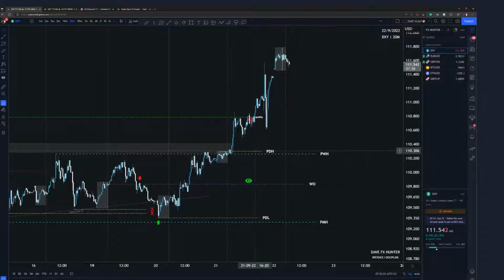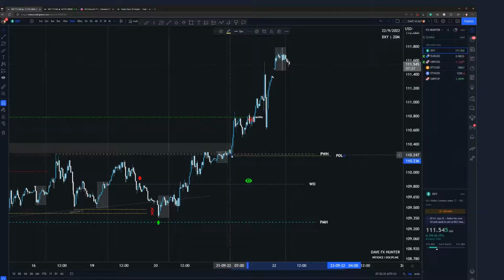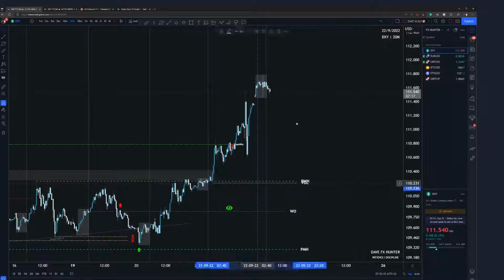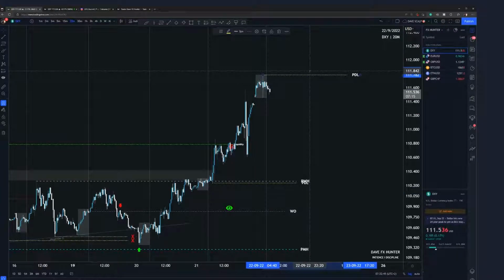Now this is a previous day's high. I'm going to delete it, it's not valid anymore. And now we got this previous day's low, which is actually here, because yesterday the market opened, here is the low, then it went straight up. So here is this previous day low. Now you need to mark up the previous day's high, which is this one, and I'm going to make it like this, so I got them all nicely in a row.